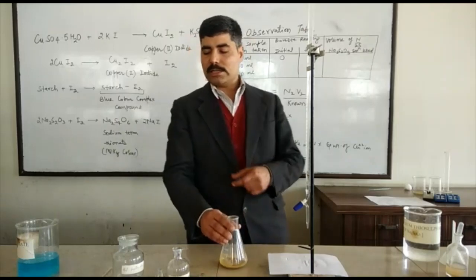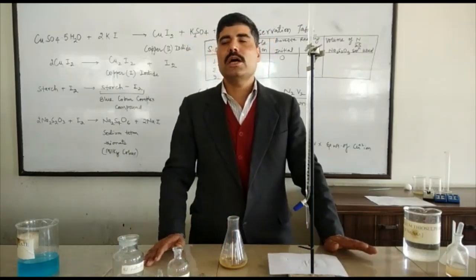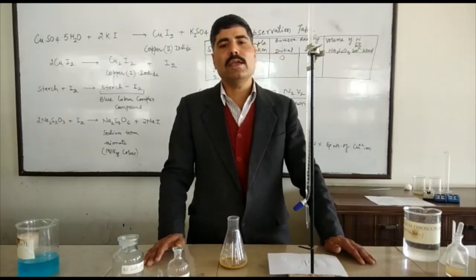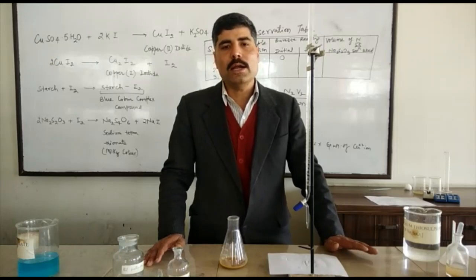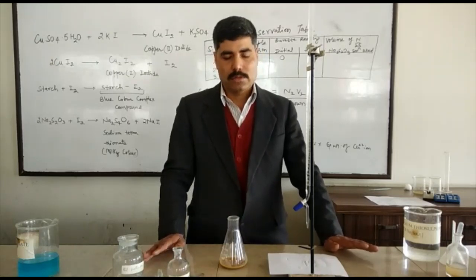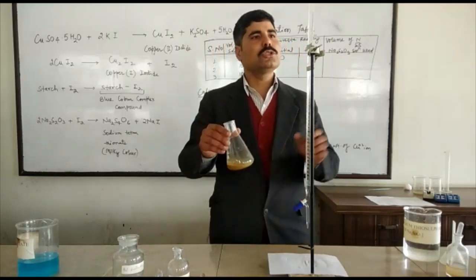Why do we add this acetic acid? Because iodometric titrations are those titrations in which iodine is liberated as a result of a chemical reaction involving oxidation of an iodide ion by a strong oxidizing agent in acidic medium. So this dark brown color solution will appear.